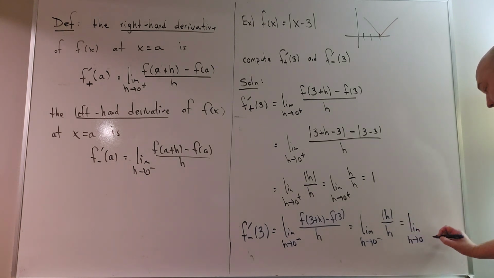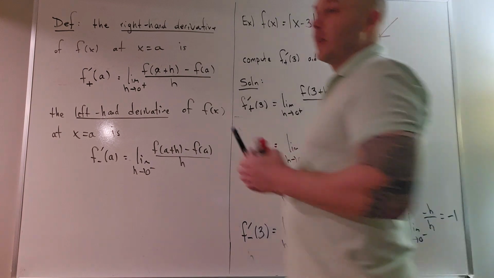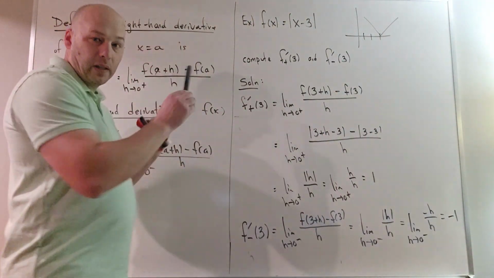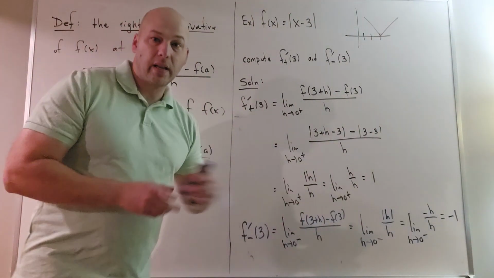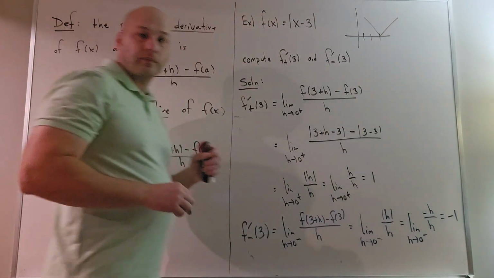So this is h goes to 0 from the left of negative h over h. And of course, negative h over h is negative 1, so therefore this is negative 1. That means that at the point x equal to 3, if I look at the slope coming from the left-hand side, my slope is negative 1. And again, that matches our graph.